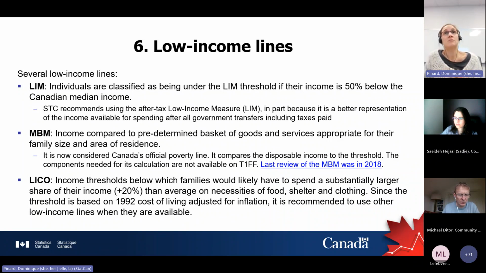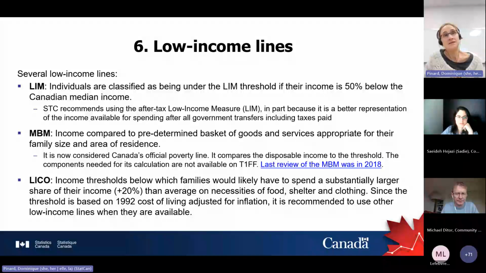If your income is a certain amount lower than the price of that basket of goods, then you're considered to be in low income. The basket is updated fairly regularly, and the last review was in 2018. But I want to say there's probably one coming out fairly shortly, which will be the most recent review.